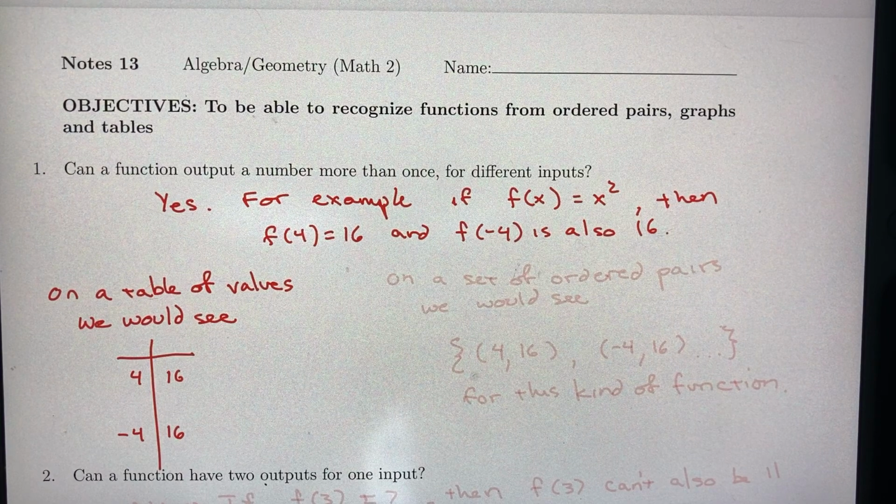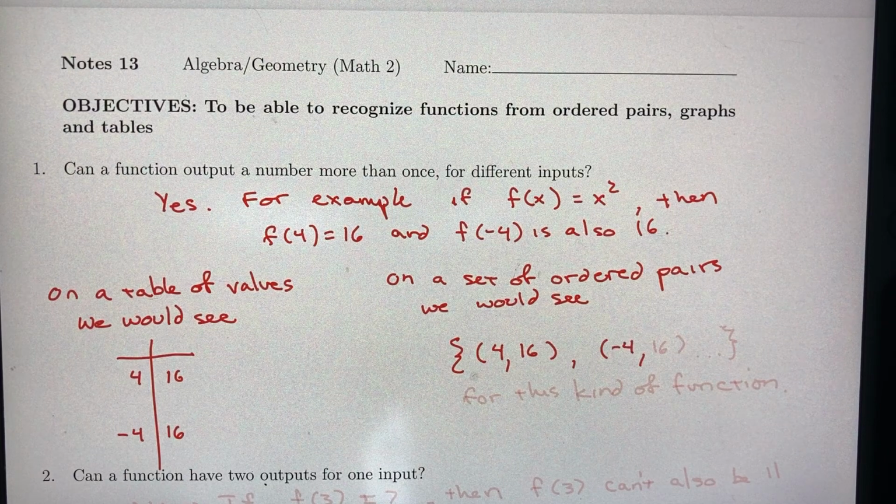On a set of ordered pairs, we would see 4, 16 and negative 4, 16. This is a perfectly good function. We might see other ordered pairs also with dots.